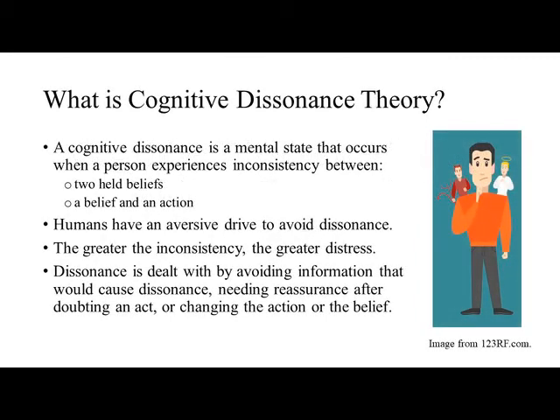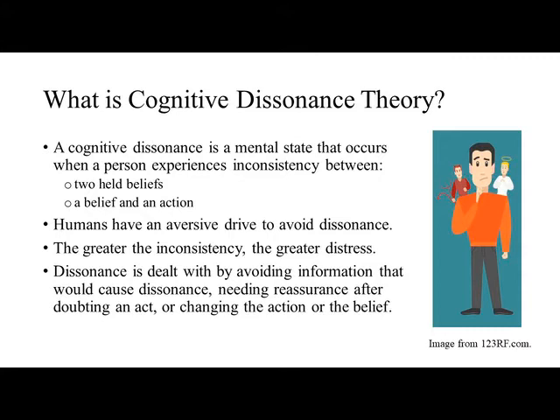So, first, to understand cognitive dissonance theory, you have to know what cognitive dissonance is. Basically, it's a mental state that occurs when a person experiences inconsistency between two different beliefs, or a belief and an action.